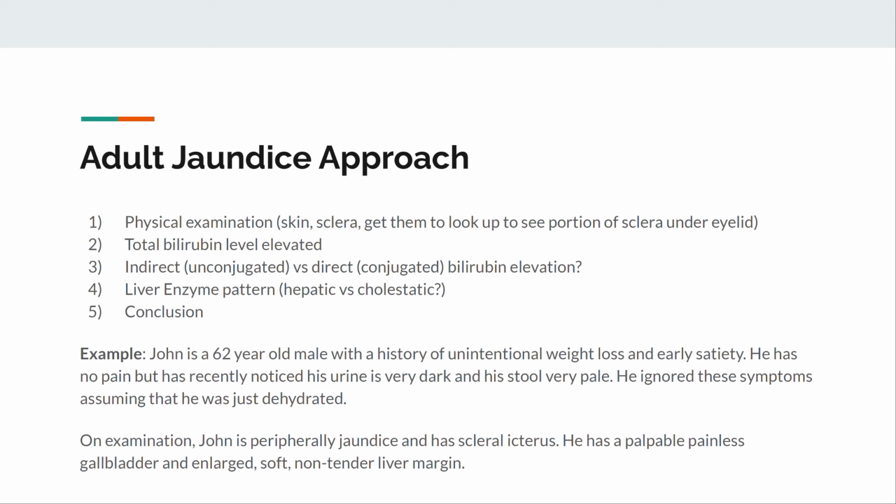So when you've got this obstructive jaundice, you end up with dark urine, pale feces, jaundice in the body, and an elevated conjugated bilirubin, which is the direct bilirubin. I hope that made sense.